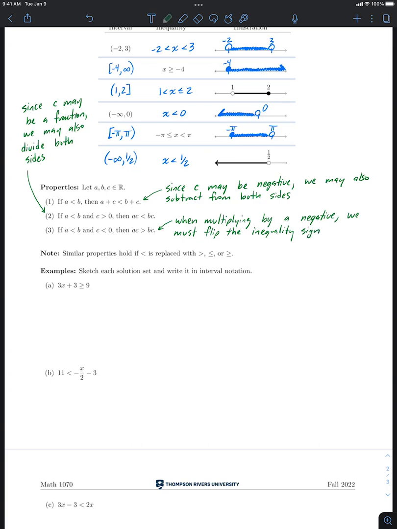And also, because C could be a fraction, like in this case it could be negative half or negative 1/3, we could also use this for division. So really the same thing would apply if you're dividing by a negative.